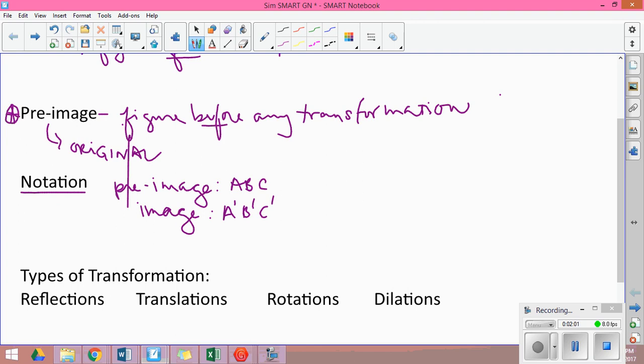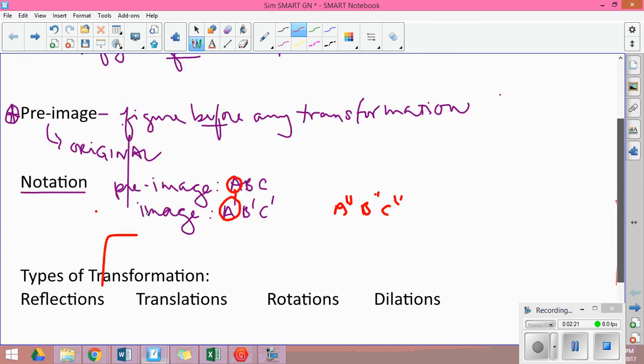We're going to put that little apostrophe to see that whatever this A was, it got moved and landed at that A prime. If you would happen to move it again, you would have A double prime, B double prime, C double prime.